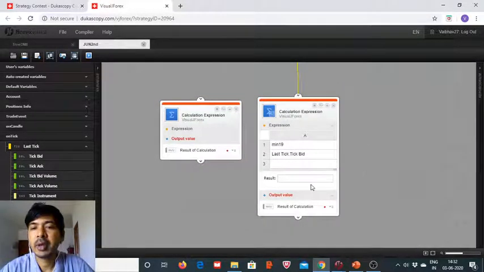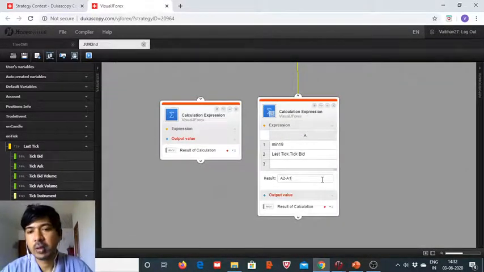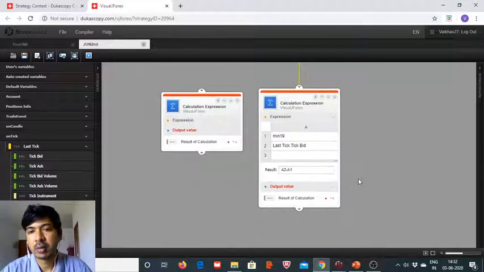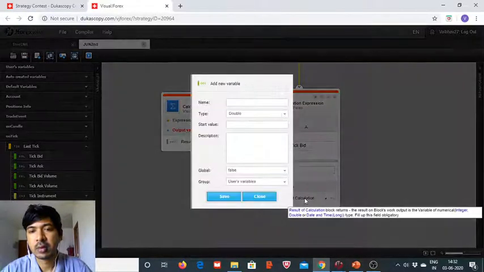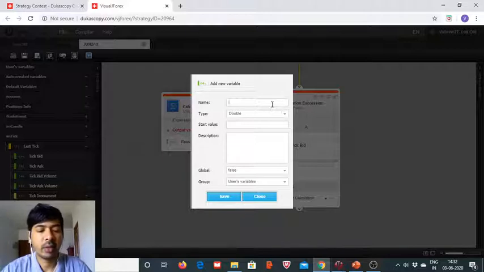So here we will need to do a2 minus a1, and this will be by difference.